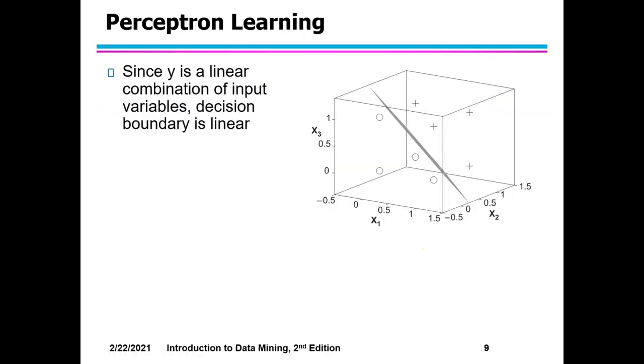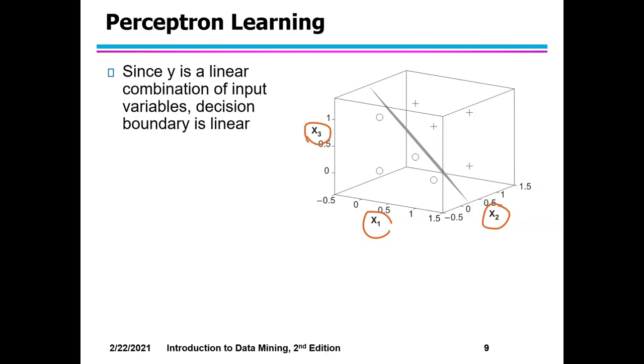Now look at this one. This is another example of perceptron learning, and here it shows you the linearity, that y is a linear combination of the input variables. For example, you have three inputs: x1, x2, and x3 on the z-axis.